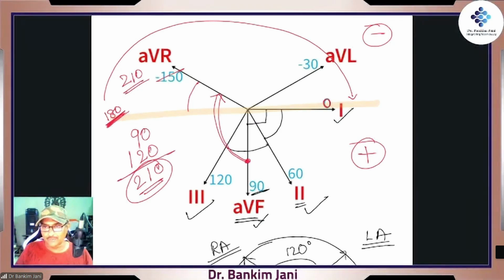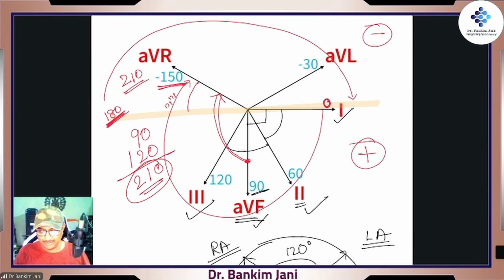From here it will start going minus: 179, 178, and minus 30 reduces it to minus 150. So from 0 all the way over here, it is 210 degrees, but it will be in the negative zone, it will be minus 150.